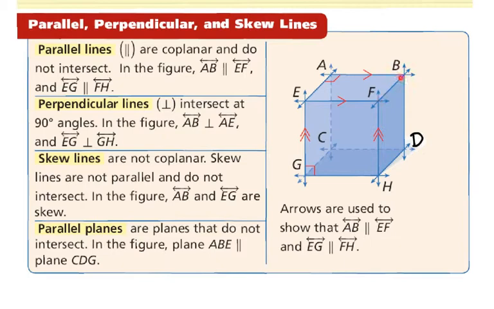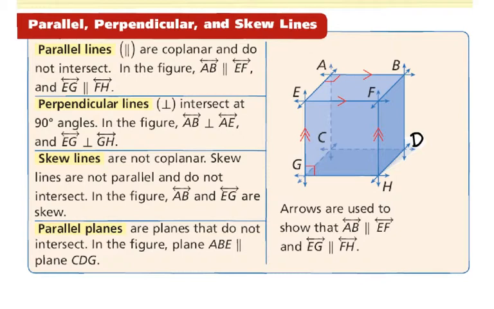They're not both in this plane or in this plane right here or on the back side where AB intersects each of those planes. And EG, it's just they're not lying in the same exact plane like the EF and AB. They are in two different planes and they will never intersect each other.